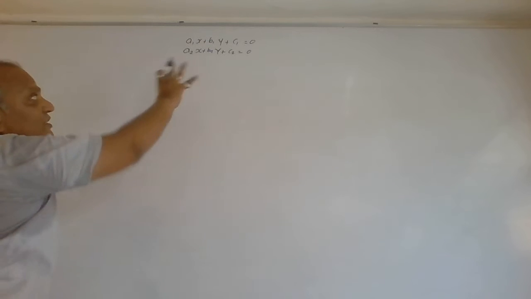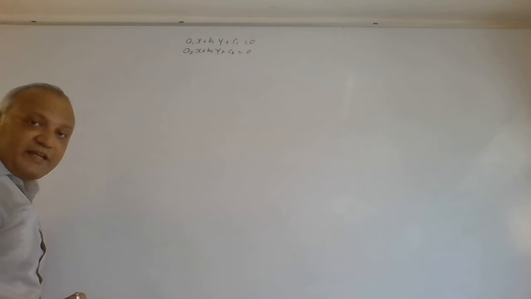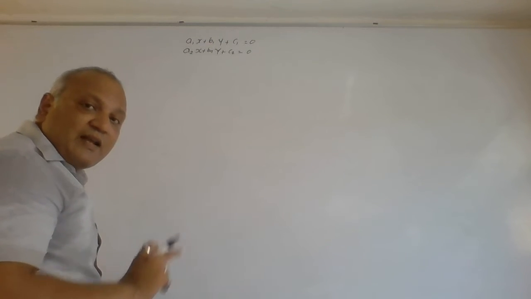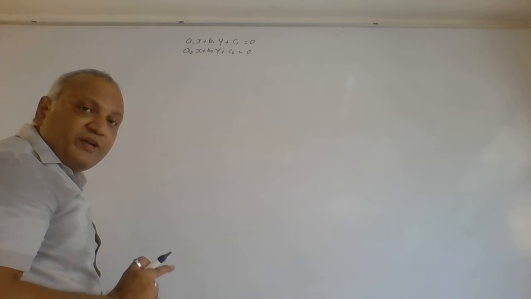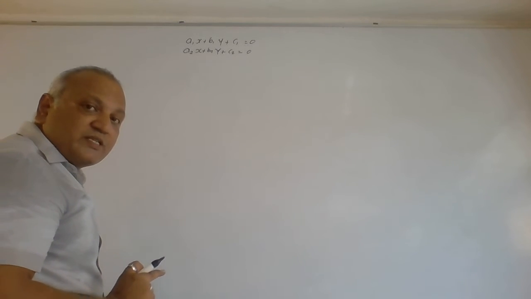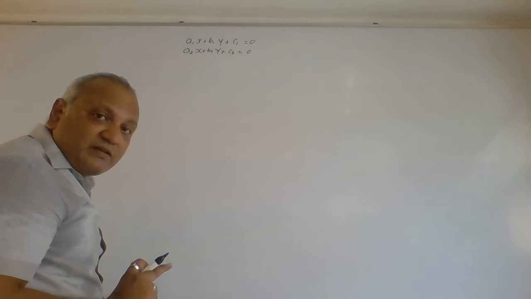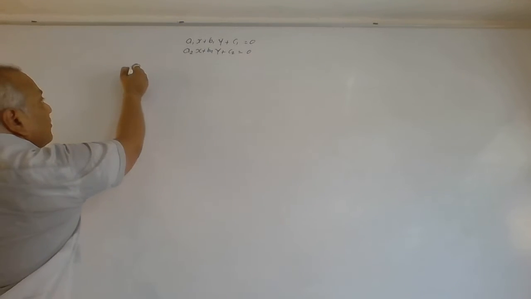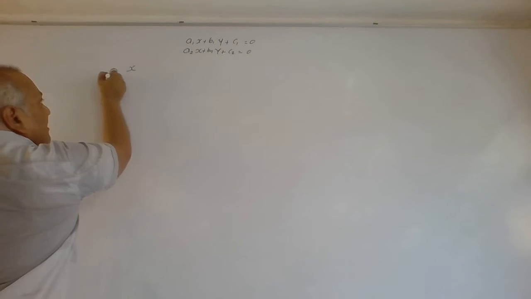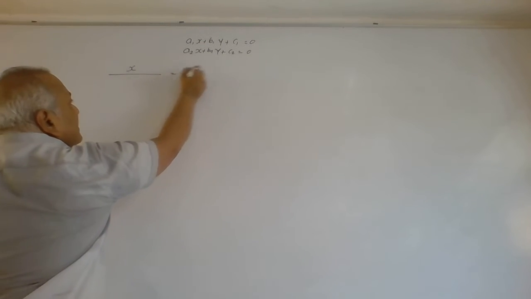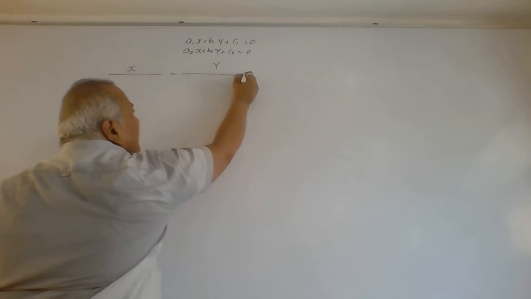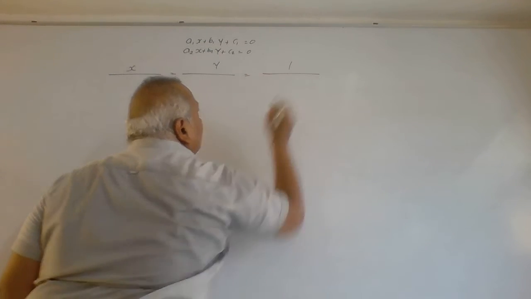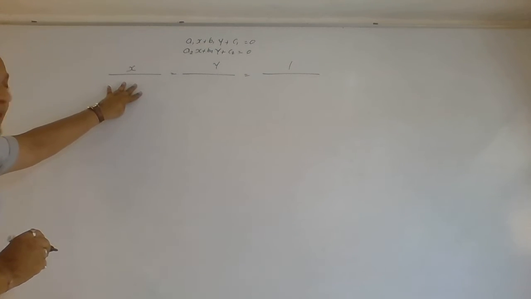So friends, these two are the standard forms of the linear equations in two variables. Now we are going to find the roots using which method? It is the cross multiplication method. For that we have to remember the theoretical portion. It is x upon, it is equal to y upon, and it is equal to 1 upon. This portion will be vacant.